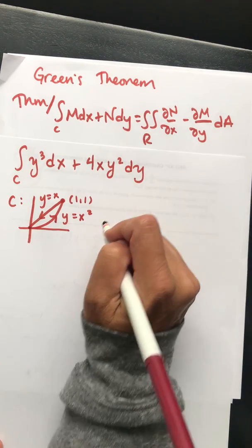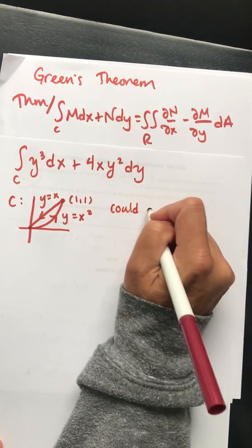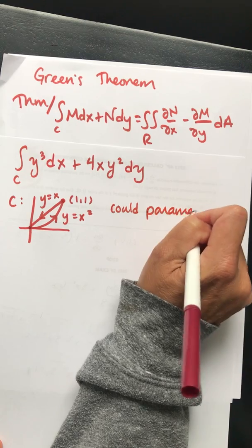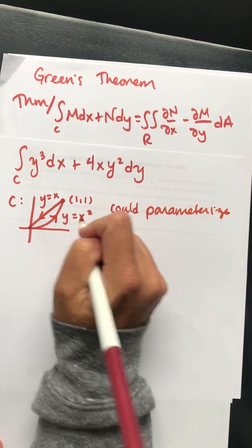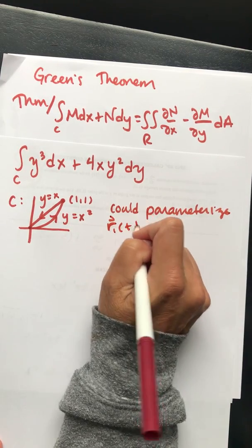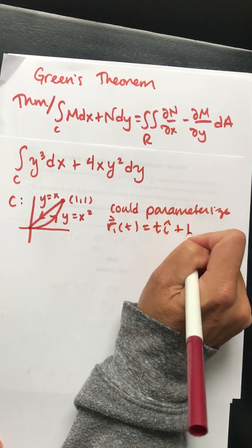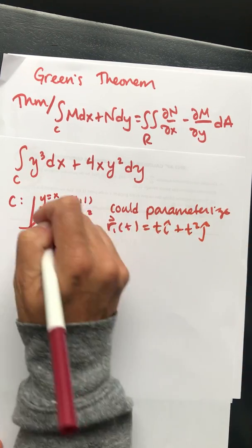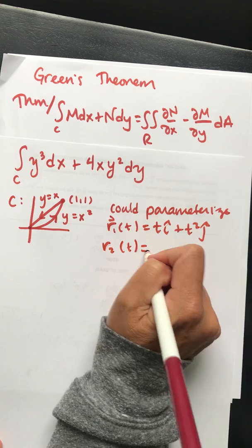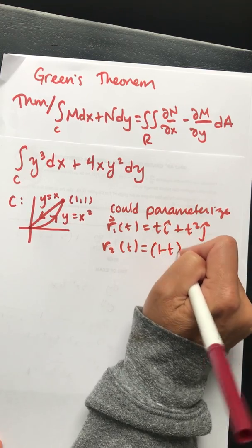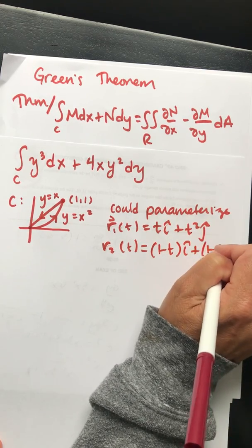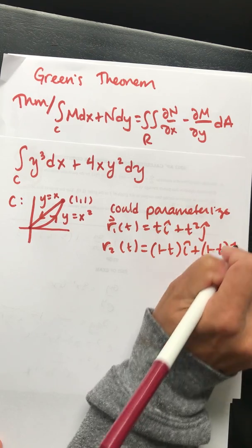I could parameterize. I could let r1(t) be t i-hat plus t squared j-hat, and then I could let r2(t) be (1 minus t) i-hat plus (1 minus t) j-hat.